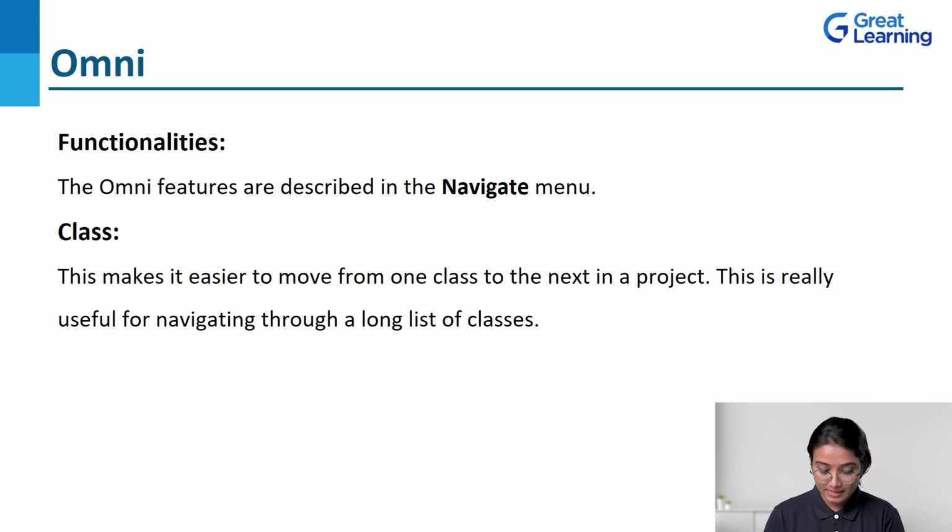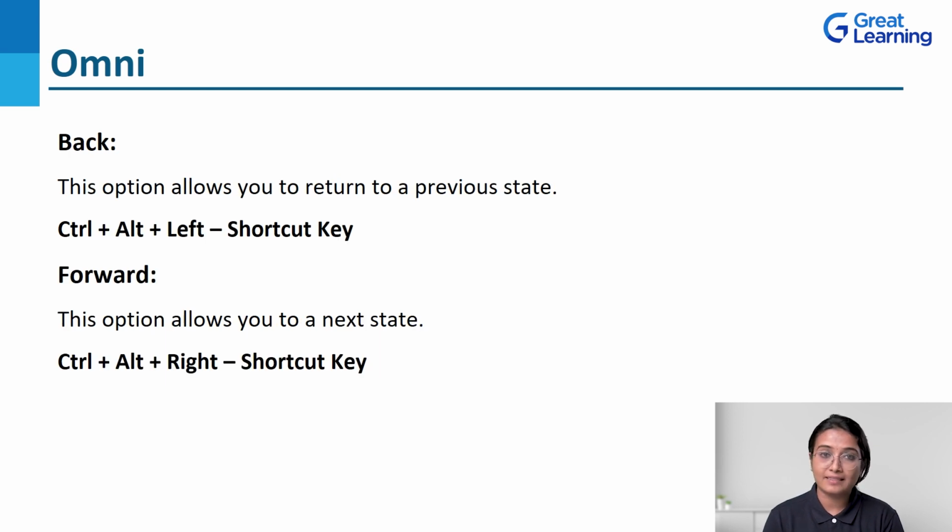The next one you have is back and then forward. It is very simple. If you want to access the back option, it is Control Alt left. If it is the forward option, that is Control Alt right. That means it will return to the previous state where the code was if it is back, and if it is forward, it will go to the next state. So that's about the Omni functionality.